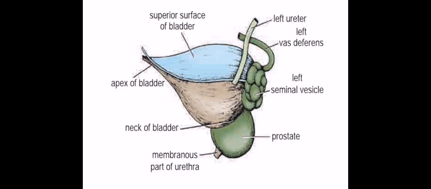The bladder in adults is entirely a pelvic organ, but it distends and expands into the abdominal cavity as it fills.